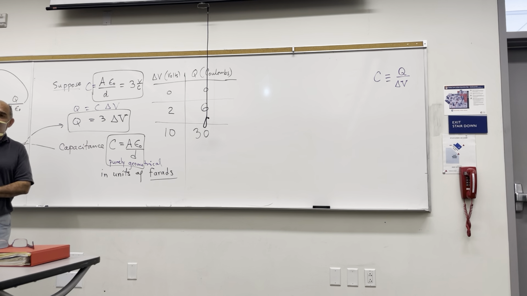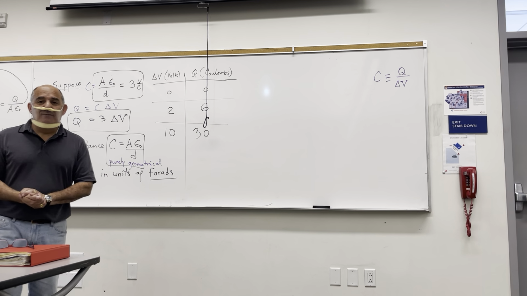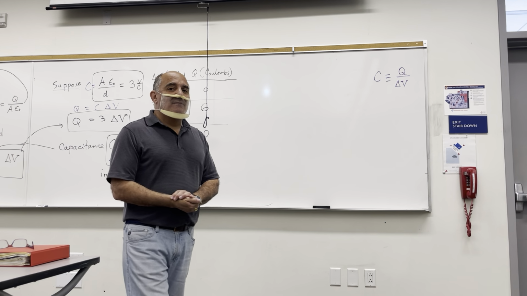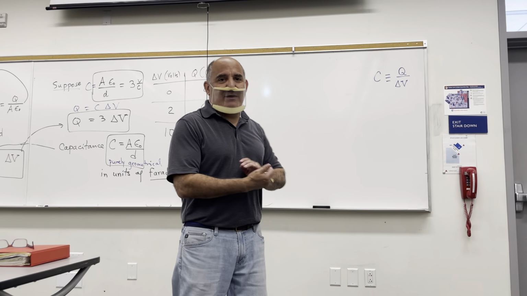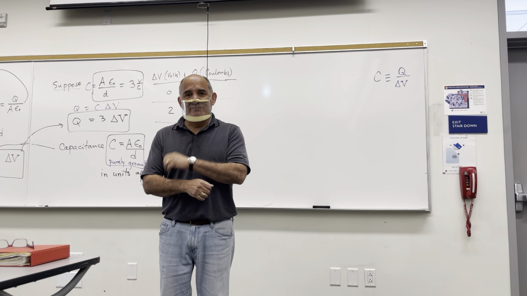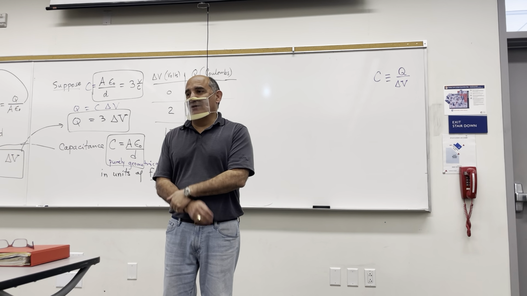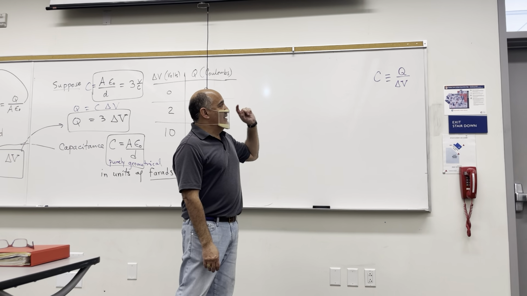But if somebody says, wait a minute, what do you mean C is not 0 if Q is 0? I look at that and C has to be 0 if Q is 0. What's wrong with that? It's not like the capacitor doesn't exist anymore. It's just that there's no charge running through it. But if I look at the mathematics of that, what's wrong with me concluding that C is 0?